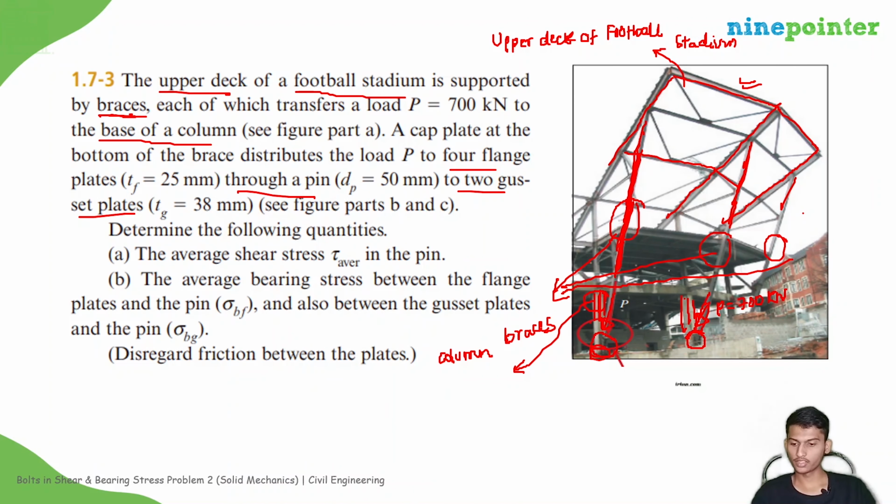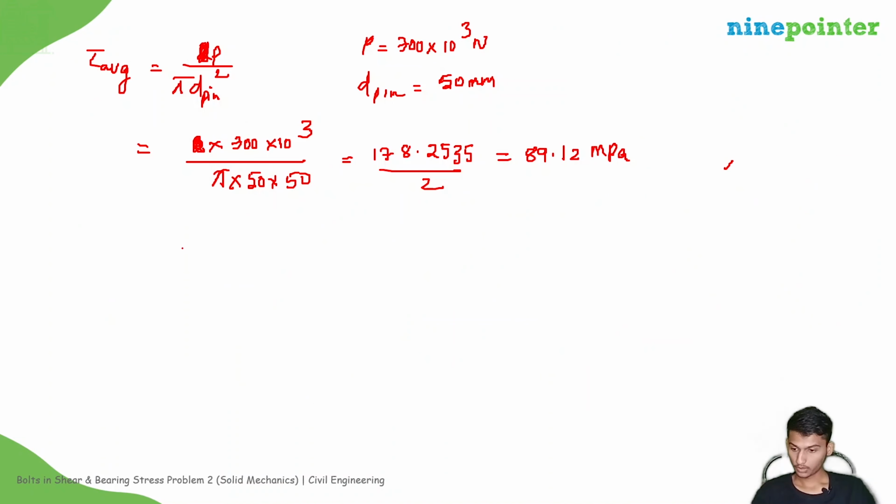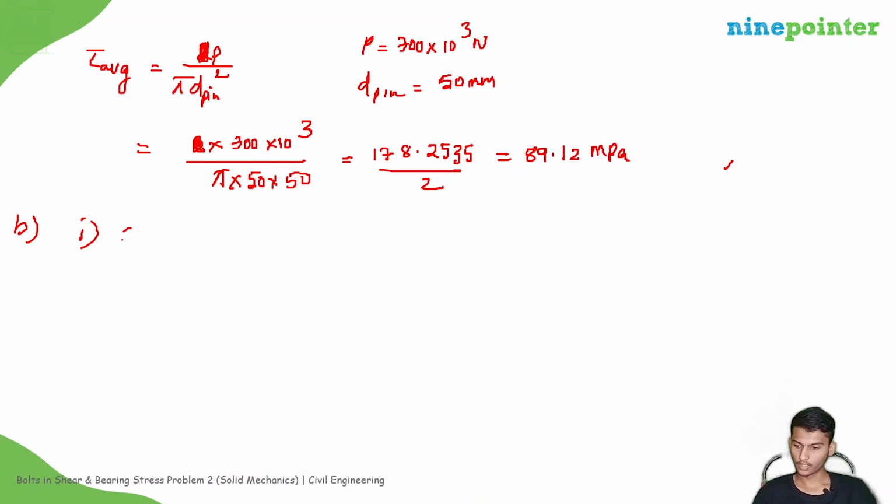The second part is the average bearing stress between the flange plates and the pin. So part B, first one, the average bearing stress between the flange plates and pin. What are flange plates? These are the flange plates, right? And this is the pin. So if you consider one flange plate, that will be like this.